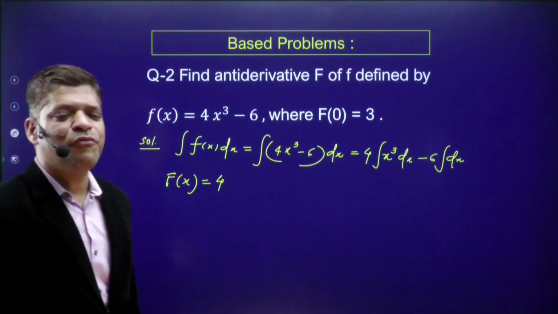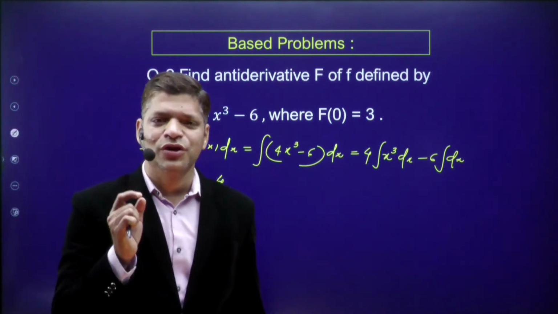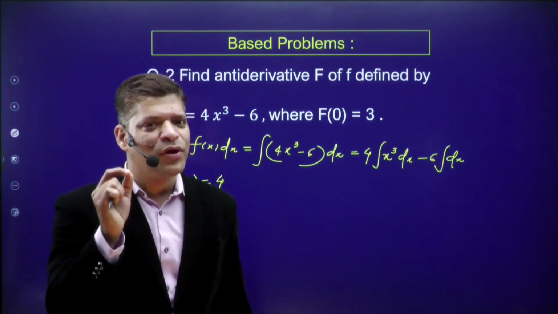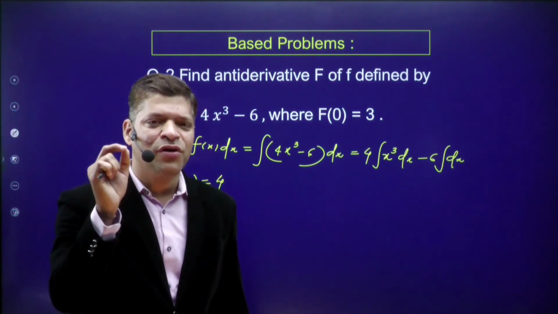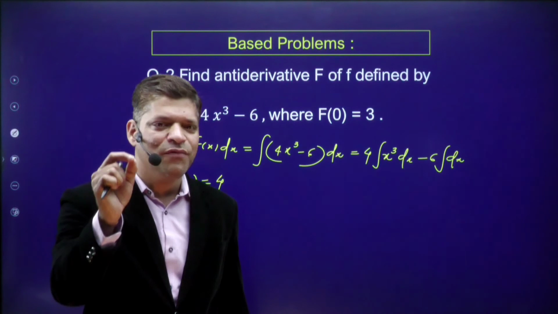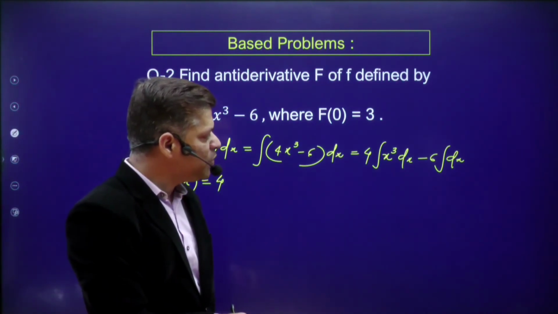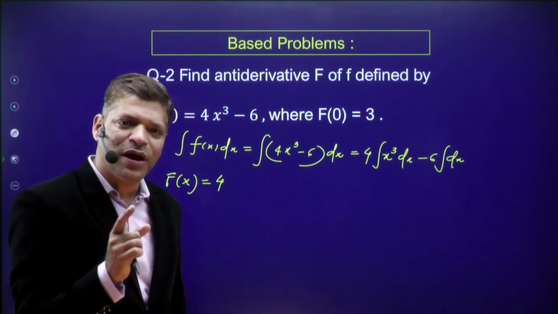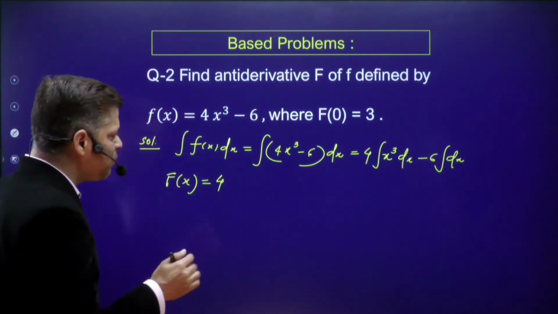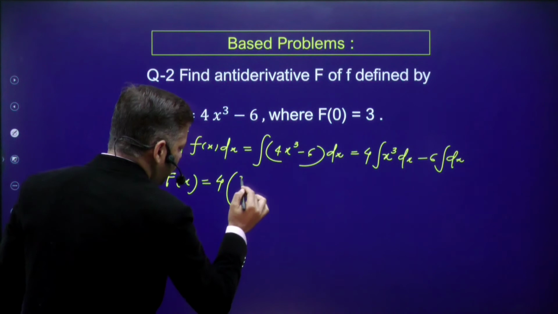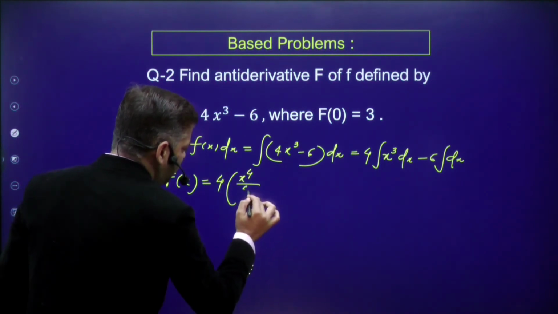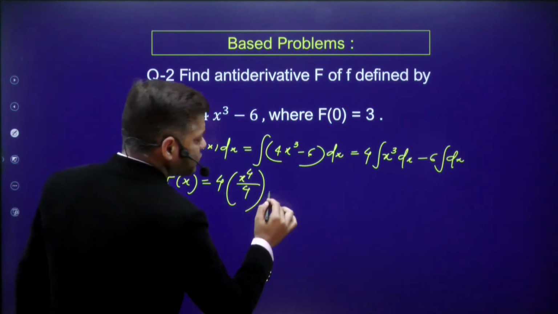Whenever we have to do the integration of x cube, we should remember that integration of x raised to the power n is x raised to the power n plus 1 over n plus 1. So it will be x raised to the power 4 over 4.